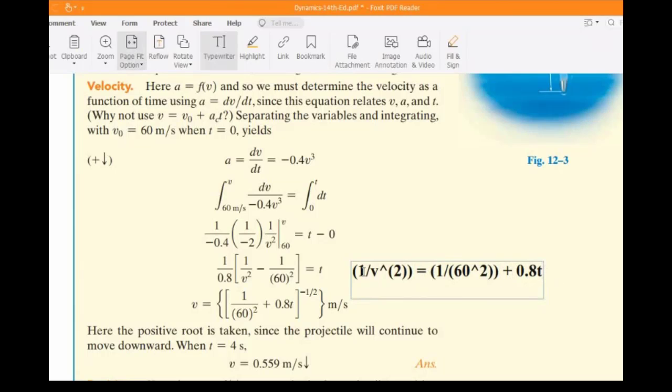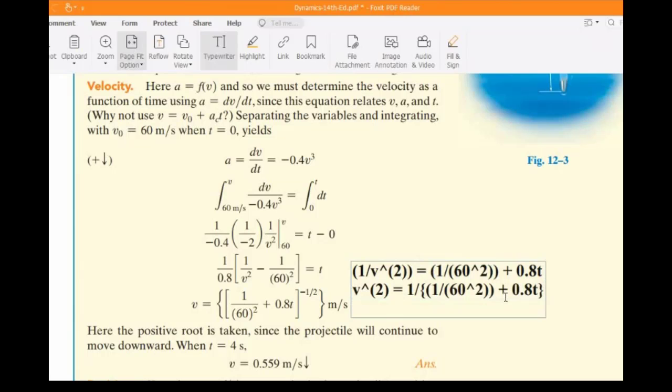Okay, we have only 1 by v square. So what can we do? We just alter it, everything will be flipped, meaning v square equals 1 divided by this one.